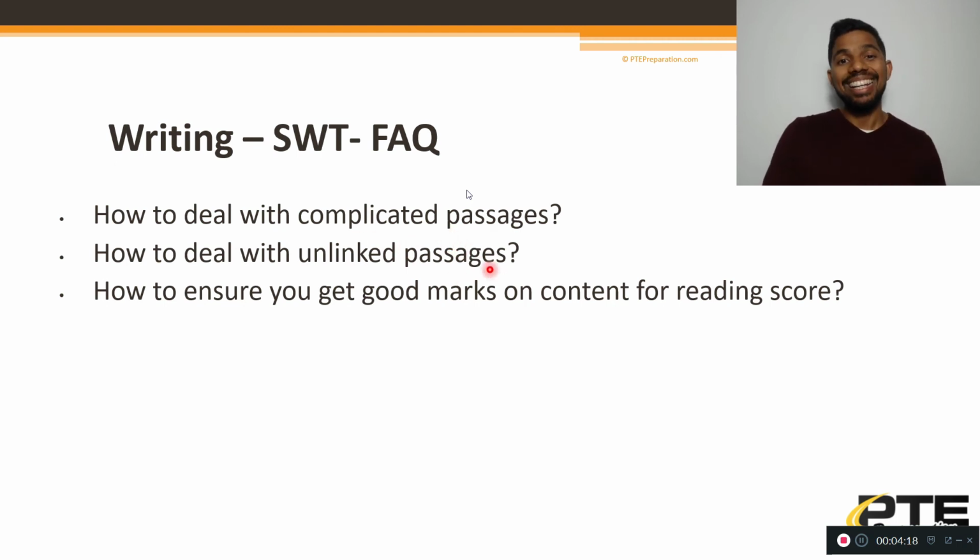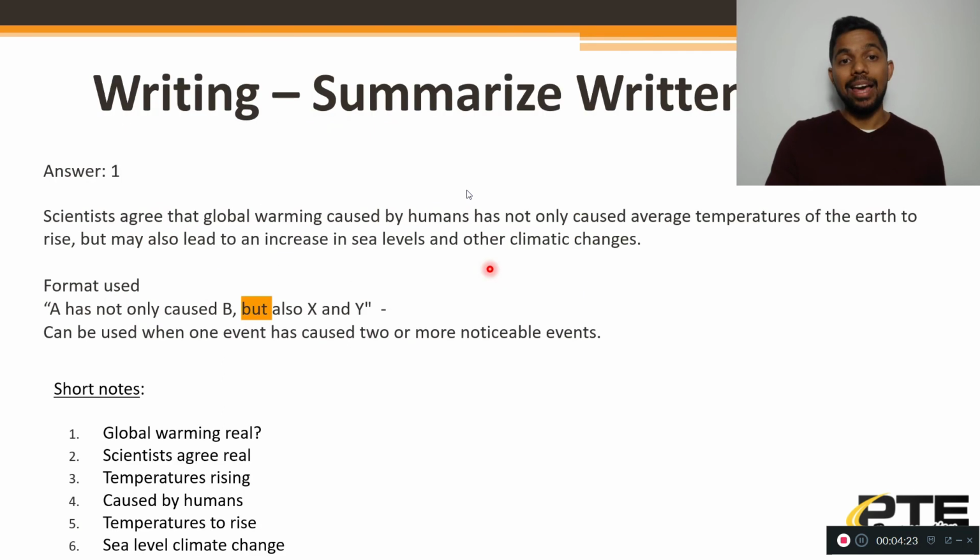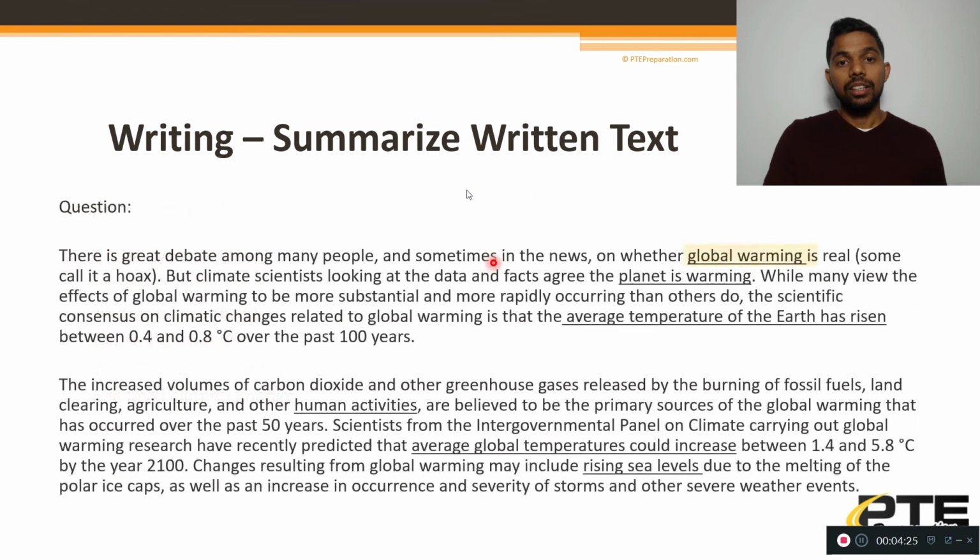How to deal with unlinked passages. This is something to watch out for. Sometimes in the exam you might get a passage where they lead with something that's not related to the main point of the passage. For example, they might be talking about how these days the world is very industrialized, there's a lot of development happening on the economic front, many industries are booming, and human progress has accelerated a lot in the last 50 years.